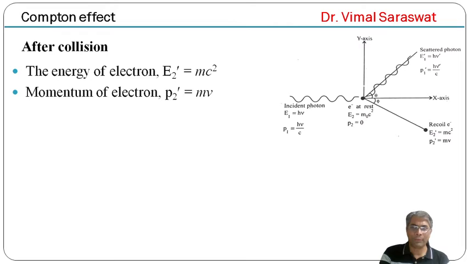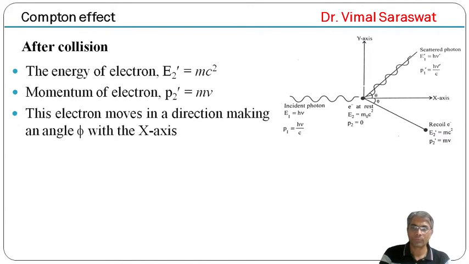The momentum of the electron after collision P2 dash equal to mv. Here v is the velocity of the electron after collision. This electron moves in a direction making an angle phi with the x-axis. So this angle is phi.